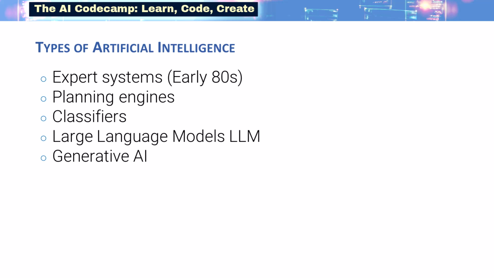Early examples of such classifiers are spam filters and speech recognition. In the last few years, based largely on classifiers, a more modern AI has emerged, such as large language models and generative AI.